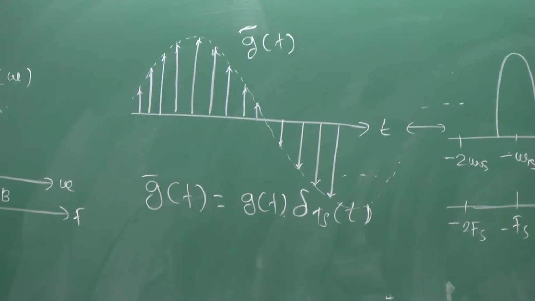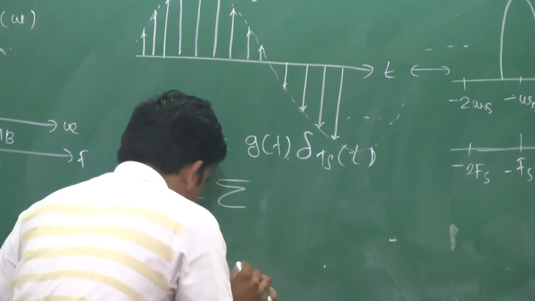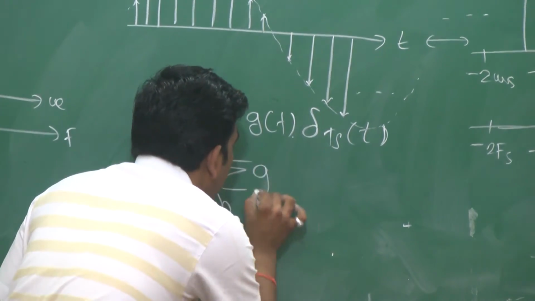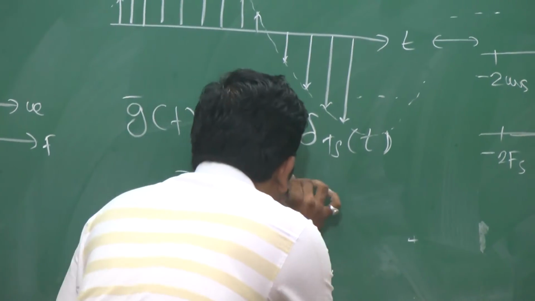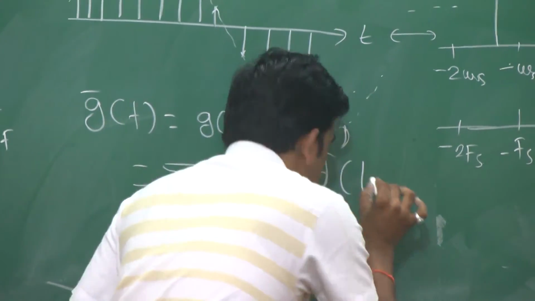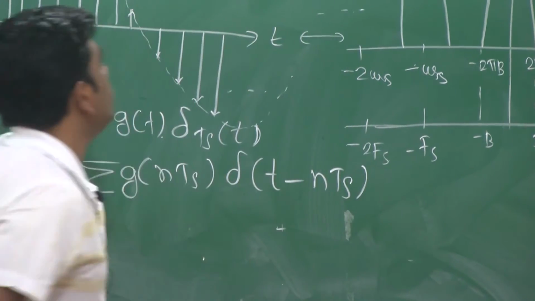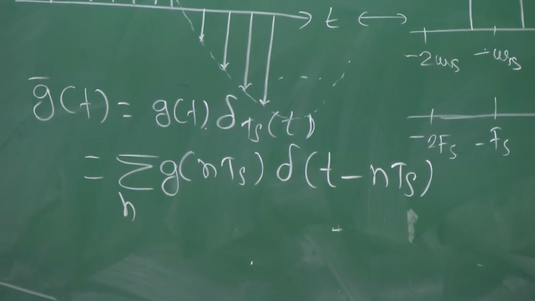This is in the continuous domain. For the discrete domain we can write summation over n of g of nTs times delta of t minus nTs.